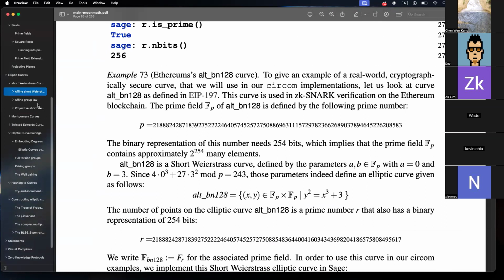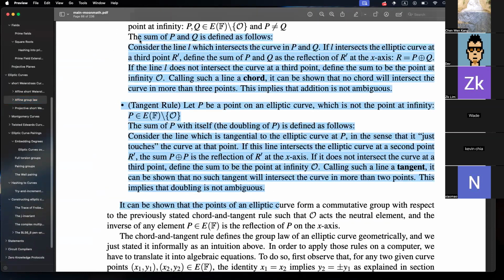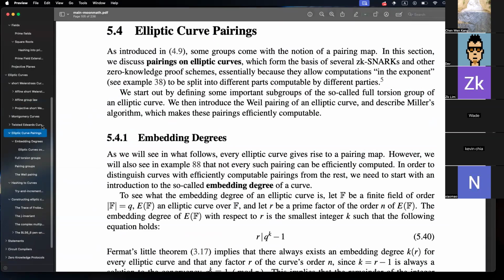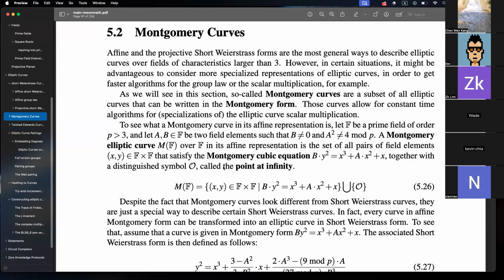In the short Weierstrass curve case, it's the chord and tangent rule. So that's one of the things to make sure your curves are pairing friendly. How to know? One of the ways is to see if you can make it a Twisted Edwards curve or a Montgomery curve.